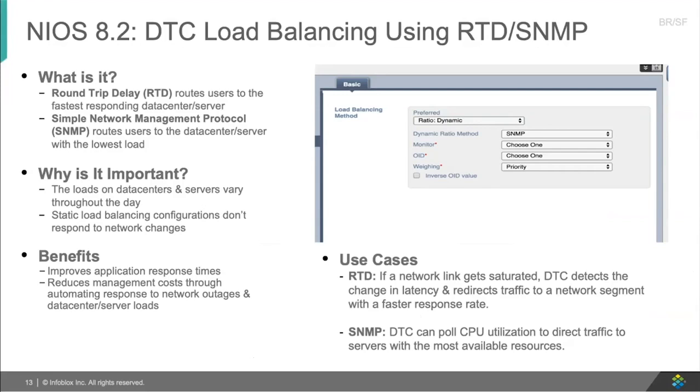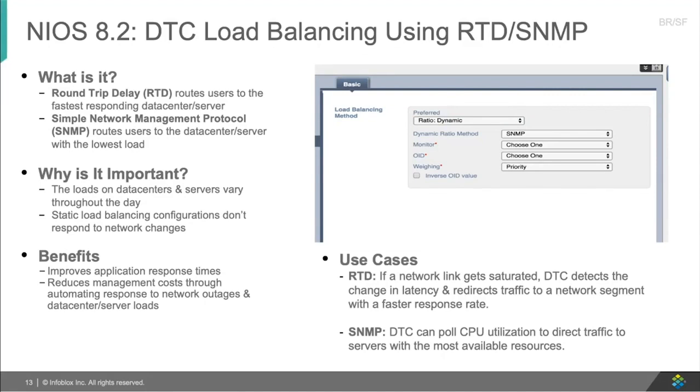So then we can measure whether the path is most optimal one way or the other. The SNMP is actually doing SNMP polling of the servers themselves to look at CPU or memory or number of connections, and you can stagger a bunch of these monitors and say, I want to take these two things into account.